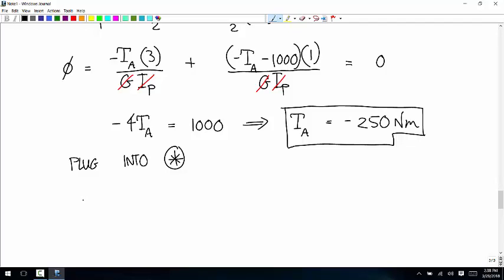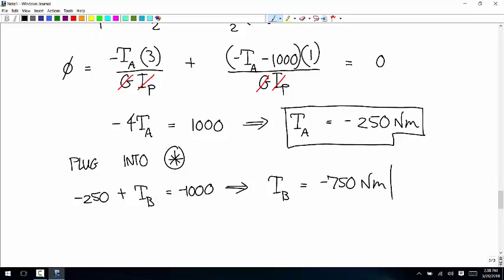And you get negative 250 plus T_B is equal to negative 1,000. So T sub B is equal to negative 750. And so the reaction torque that's closer to the applied load has to take up more of that load, and you see that always. Any questions about that?